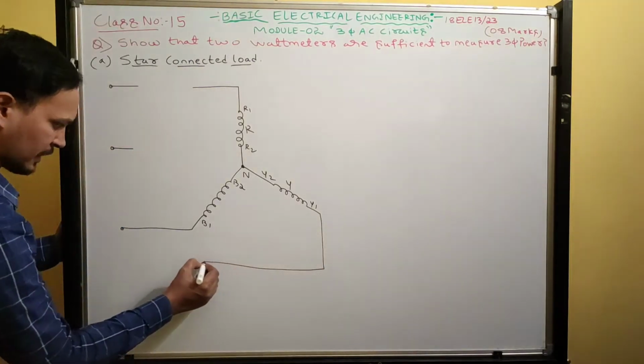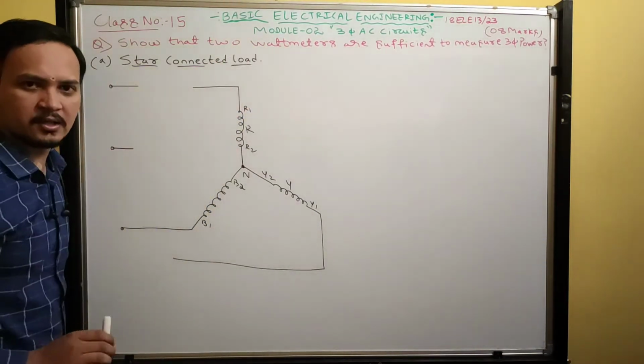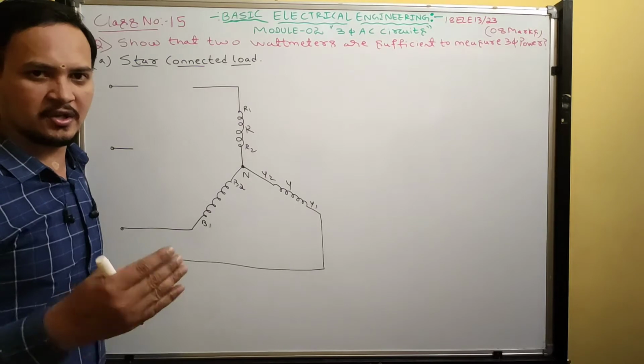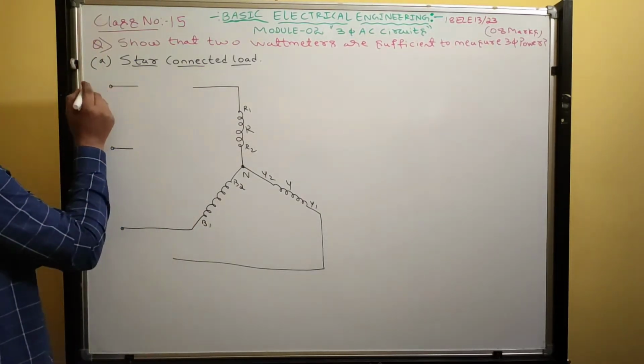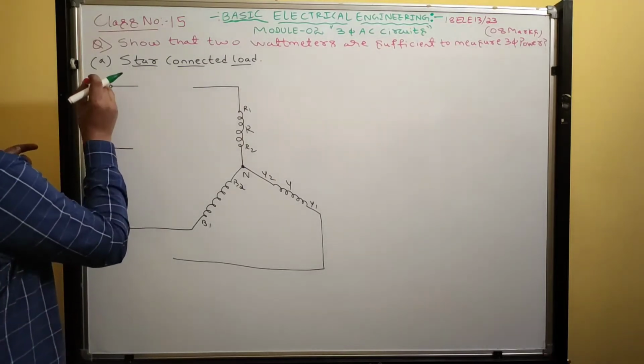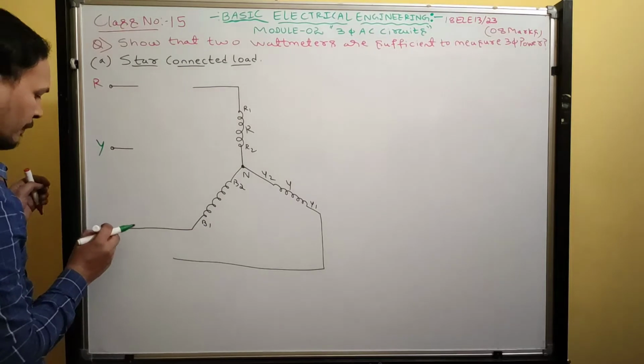Now the Y phase line I am connecting like this. You have to connect 2 wattmeters between any 2 lines. The choice is yours, so I am going to connect between the R and Y lines. So this is the R line, Y line and B line.